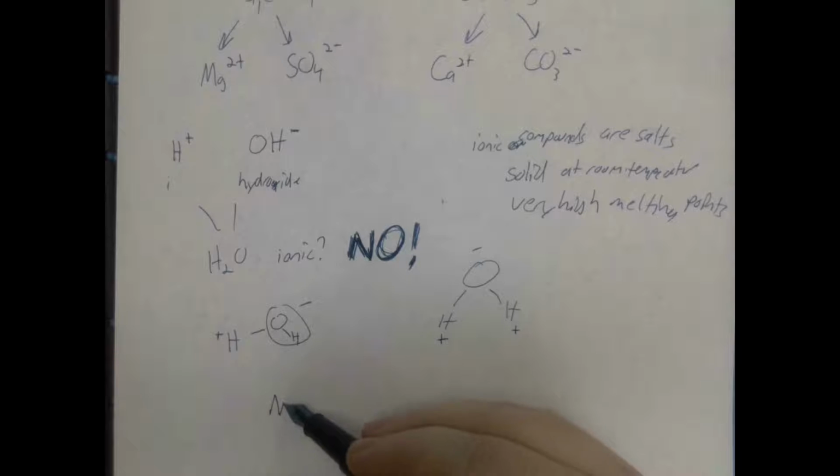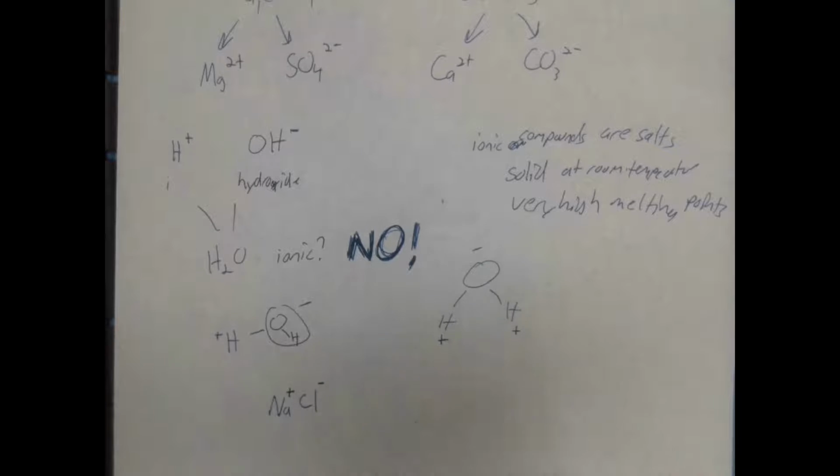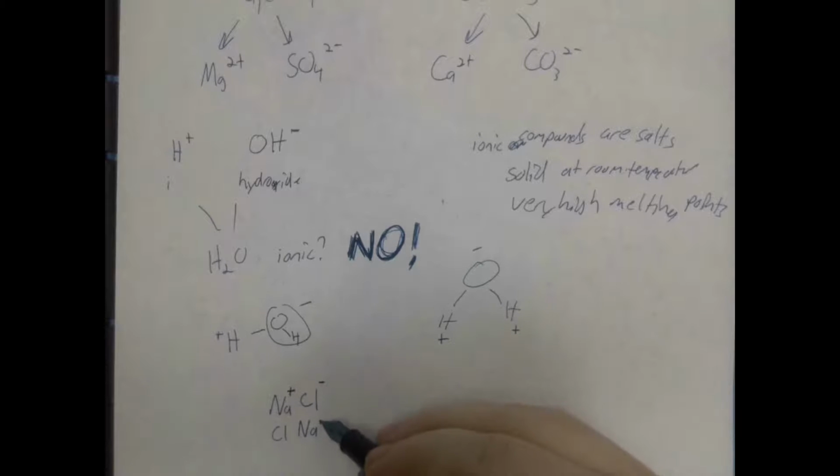So looking at sodium, this side of it is going to be very positive, and this side is going to be very negative. Let's put next to it another sodium chlorine. This is going to be very positive, so we're going to see a very strong pull between these two.